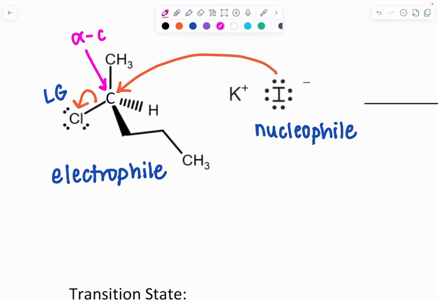And then a beta carbon would be any carbon bonded to that one. So this is a beta carbon and this is a beta carbon. Those terms are going to come up in this lecture and in the future, so I just want to make sure that is clear. The alpha carbon is the one that participates in the reaction, and the beta carbons are bonded to the alpha carbon.